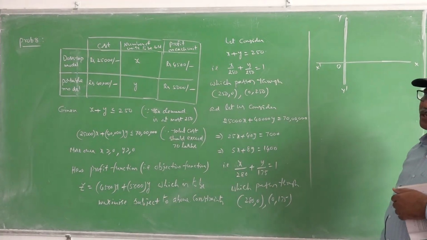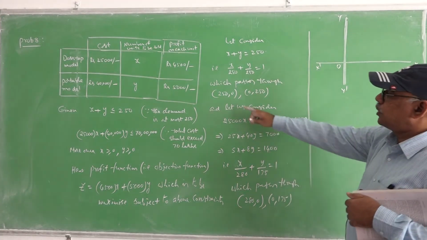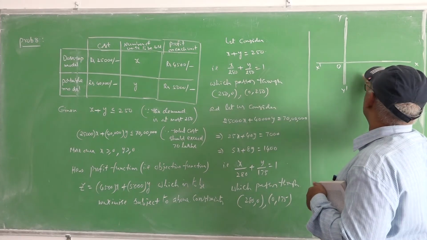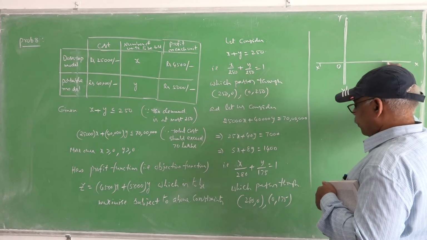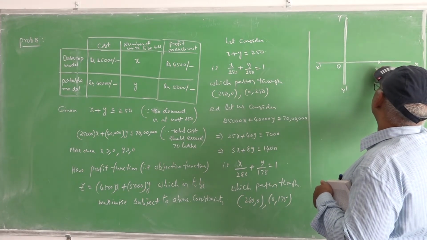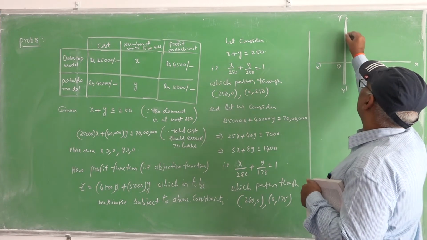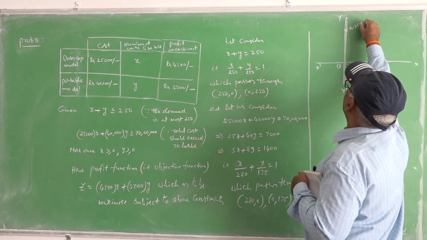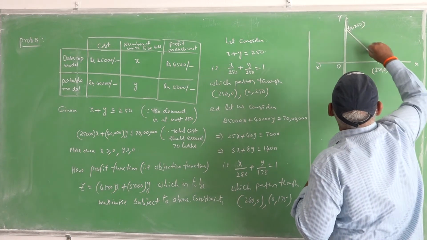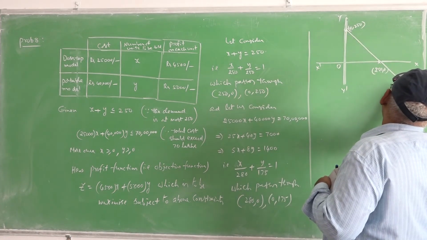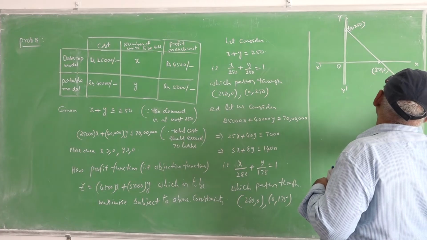The first line is X plus Y equal to 250, which passes through 250 comma 0 and 0 comma 250. Let us join this line.